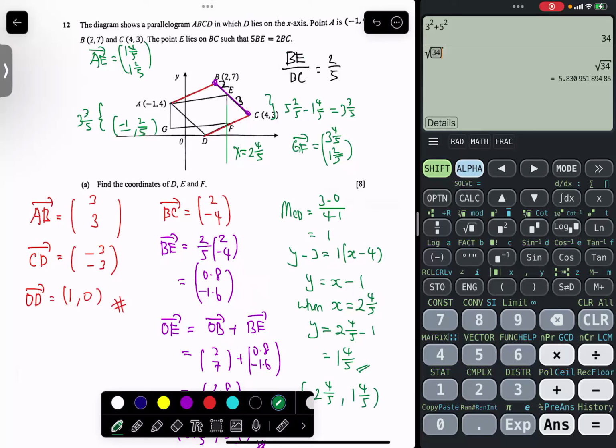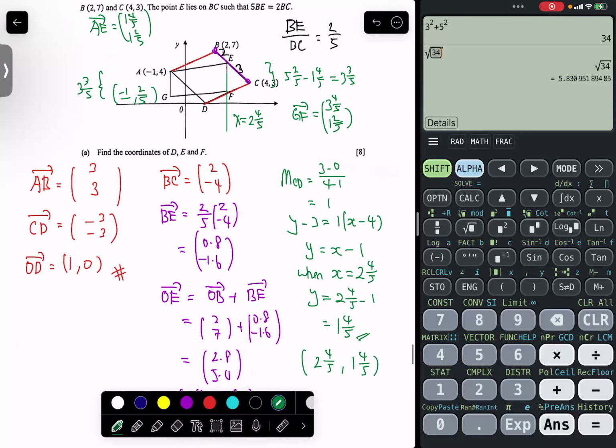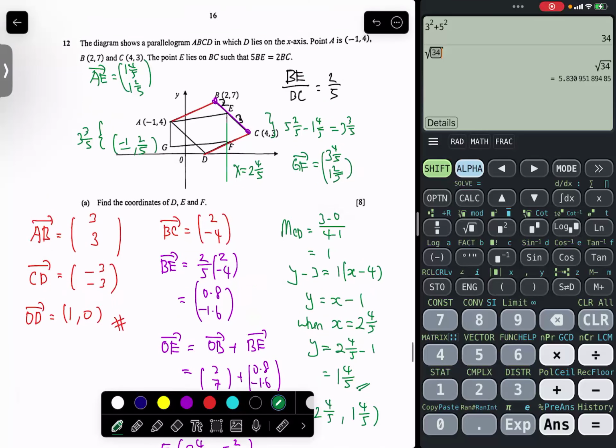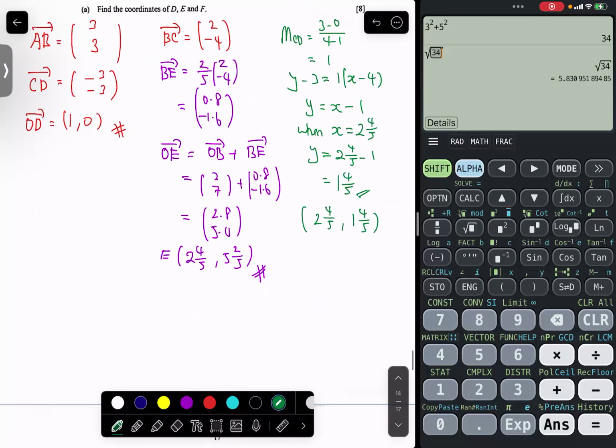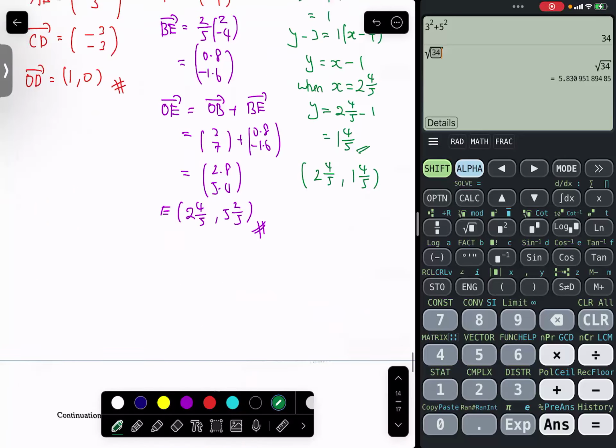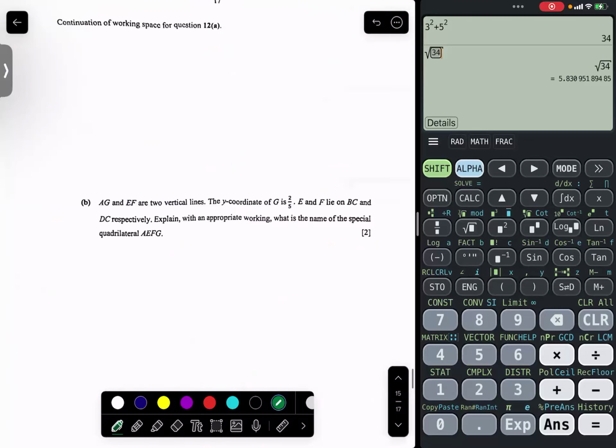There you go. OE is 3 whole 4 fifths. So AE and GF have the same vector, so they are parallel. So what is the special name? Parallelogram. That's all.